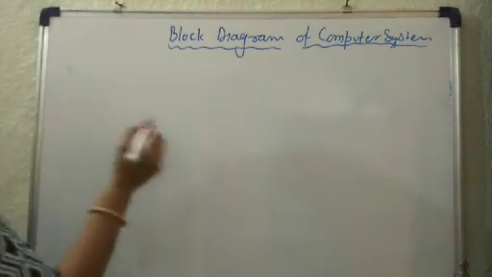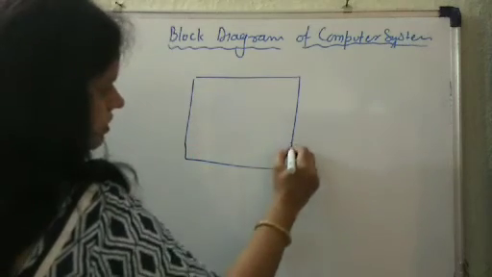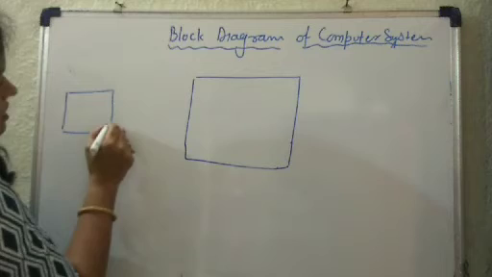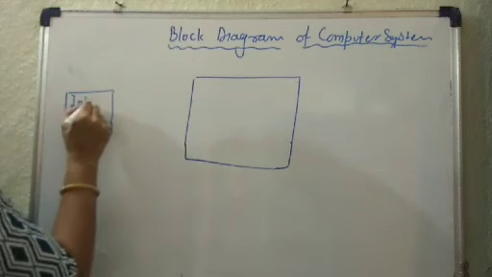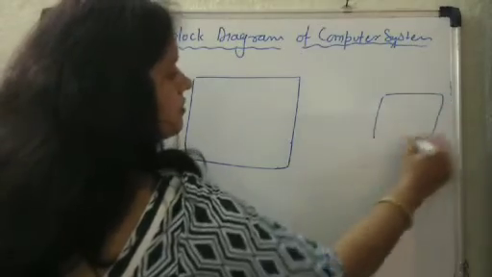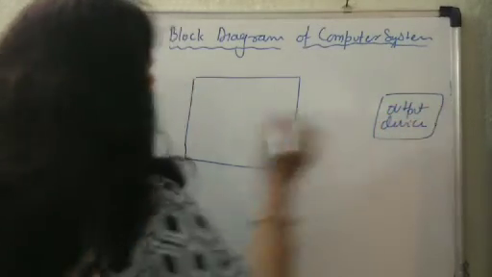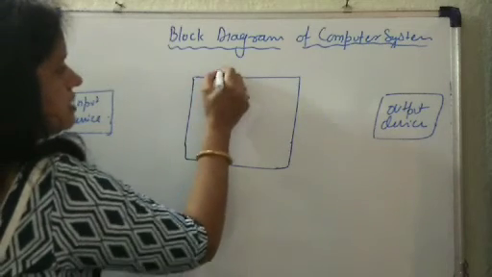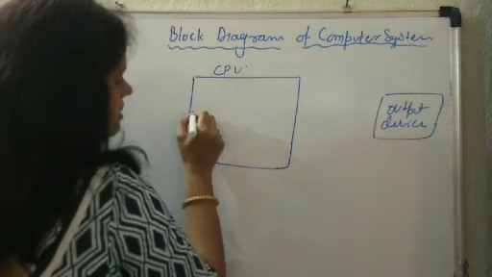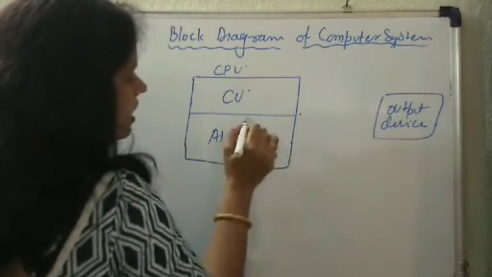Now see here. You will find a little bit of difference in different books. This is the input device, here is the output device, and this is the CPU, central processing unit, which you can divide into two parts, the CU and ALU.